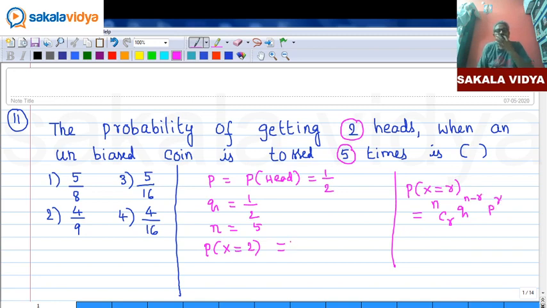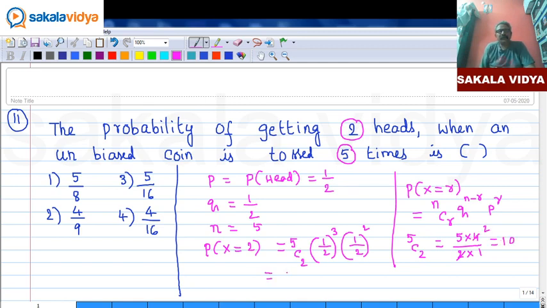So that is equal to 5C2 into Q, which is 1 by 2, to the power 5 minus 2 is 3, and P is also 1 by 2 whole squared. 5C2 we need to calculate. 5C2 equals 5 into 4 by 2 factorial, which is 2 into 1, so this will be 10.